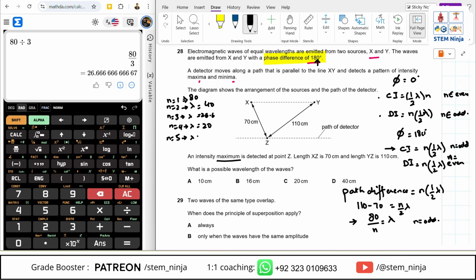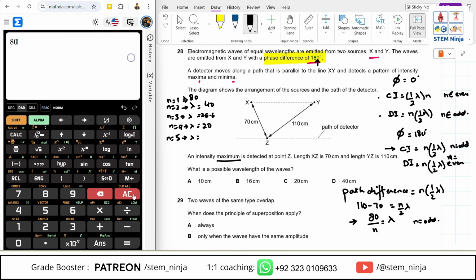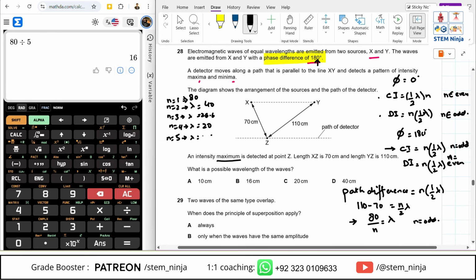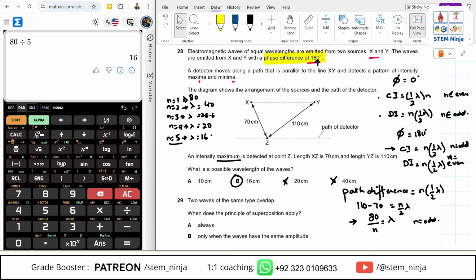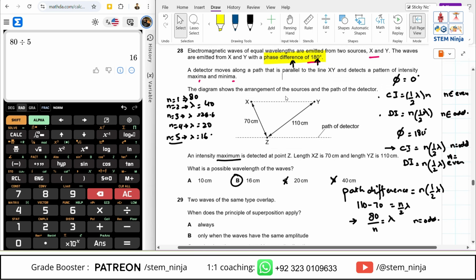N is equal to 5, 80 divided by 5, now this is going to be interesting because this is now going to be 16. As you can see, this is possible. So this wasn't possible, this wasn't possible, this is possible. So we're looking for an odd multiple of half wavelengths. And remember why we were actually doing that, because the phase difference between the sources was already 180 degrees.